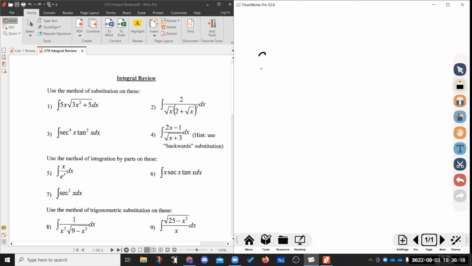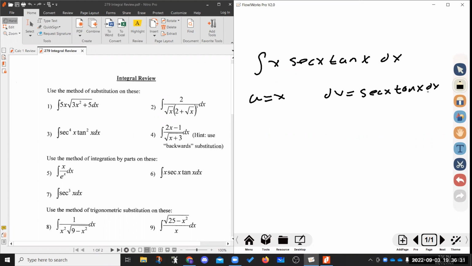Number 6, the integral of x secant x tan x dx. Again, u is my algebraic expression here. dv is secant tangent dx. Derivative of secant is secant tangent, so the integral of secant tangent is secant. Du is dx.